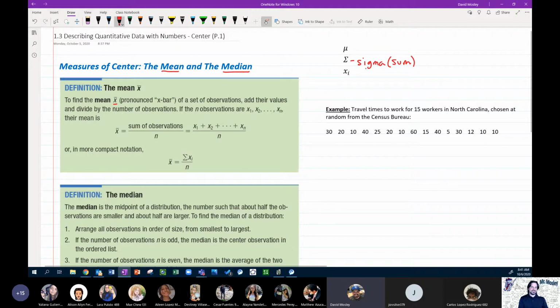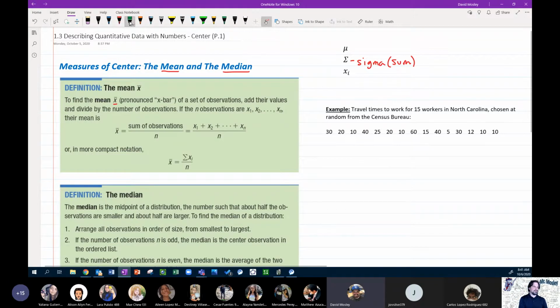So sigma means add it all up. We should have probably seen this in previous classes. We should have heard of the mean. Now we're getting some more notation.